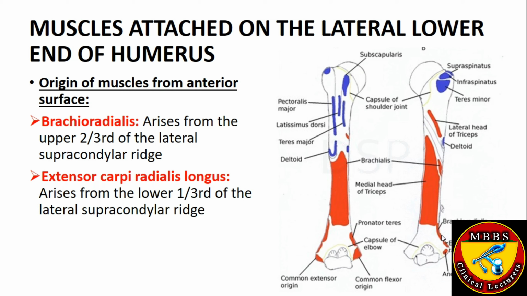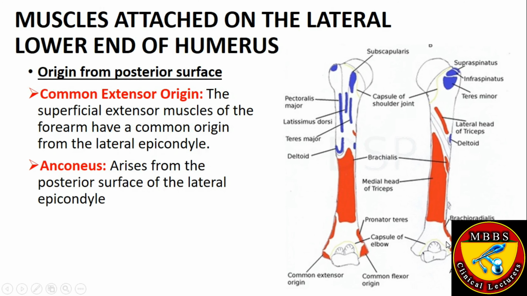Extensor carpi radialis longus arises from the lower one-third of the lateral supracondylar ridge. The common extensor origin: the superficial extensor muscles of the forearm have a common origin from the lateral epicondyle.